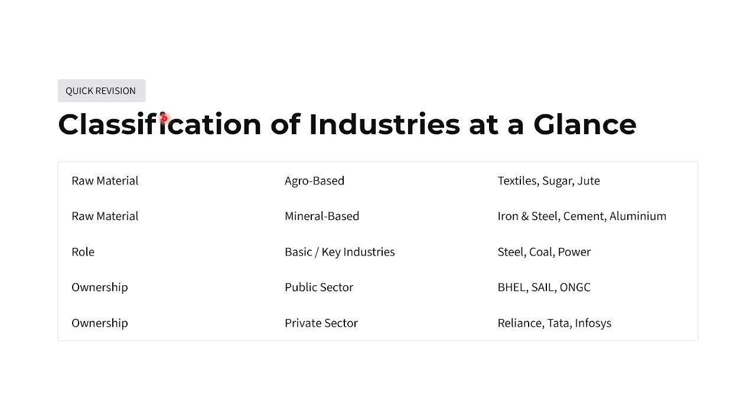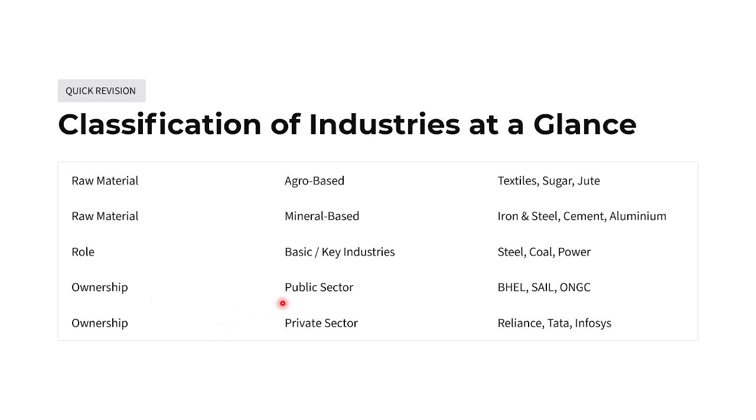Then classification of industries at a glance. Here I have done it by raw material: agro-based industries are textile, sugar, and jute. Mineral-based industries are iron, steel, cement, and aluminium. By role, agro-based industry is basic and key, whereas mineral-based industry includes steel, coal, and power.